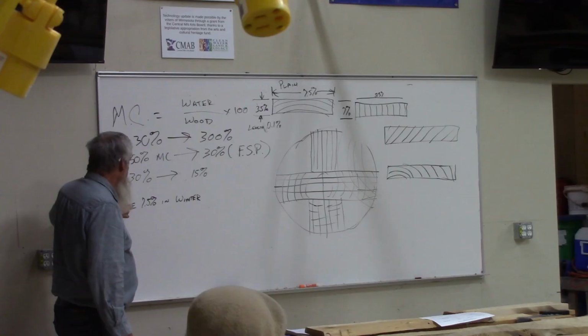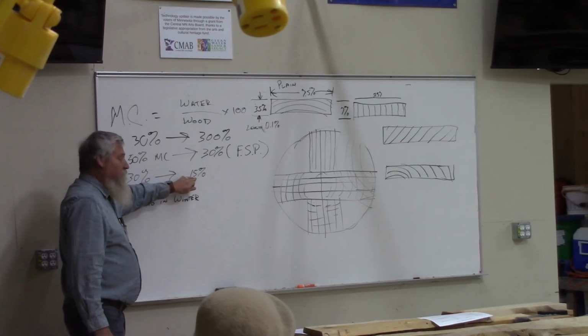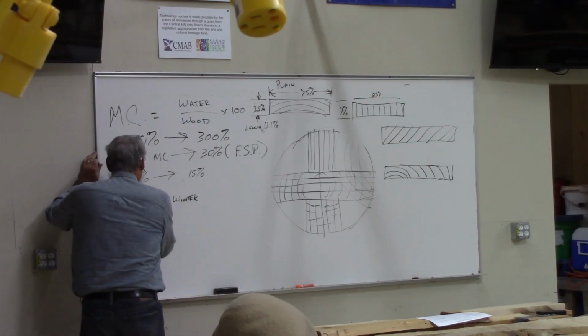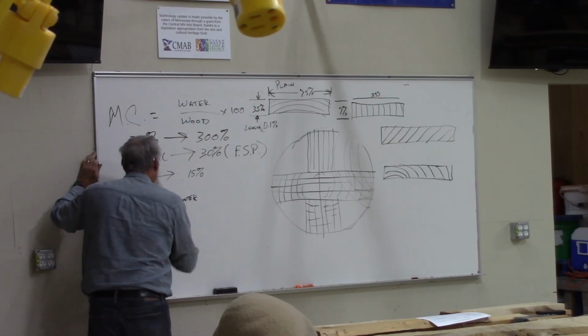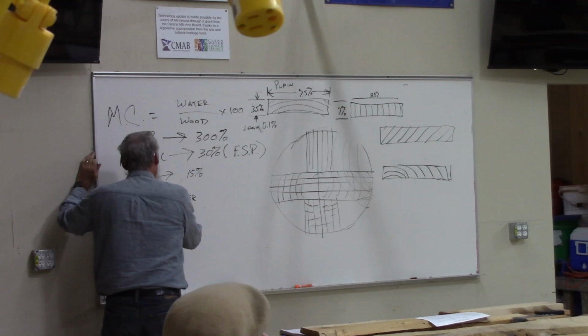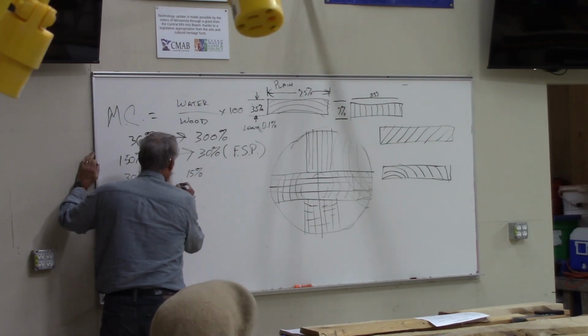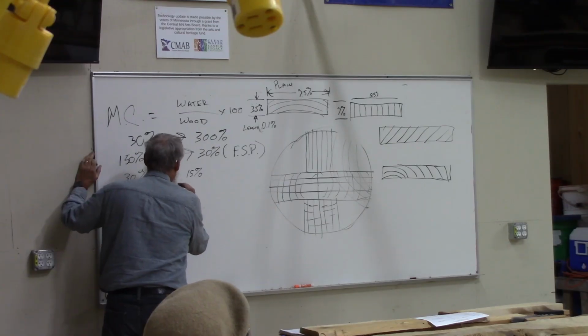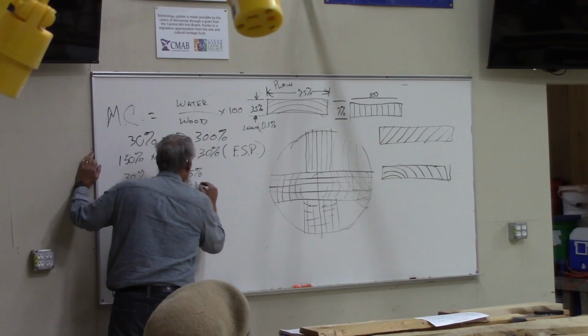So you start at 15%. You take it into your shop, and it's going to go down somewhere between 7 and 12%.